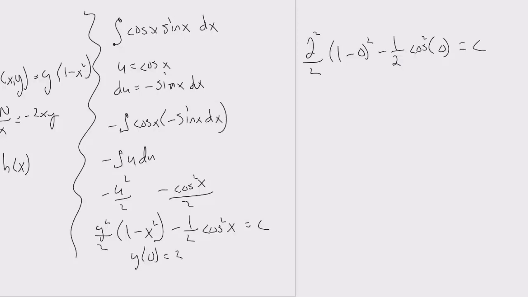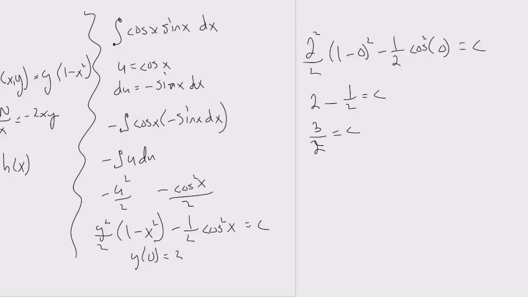All right, so let's do a little simplifying then. 2 squared is 4 over 2, so I got a 2 here, minus 1/2 cosine squared of 0. Let me double check my math on this. All right, so 2 minus a half equals our constant. So 2 minus a half is 3/2 equals our constant.